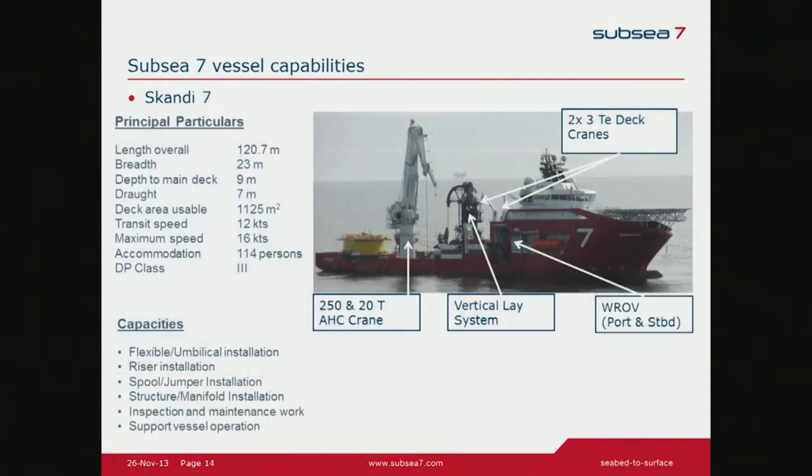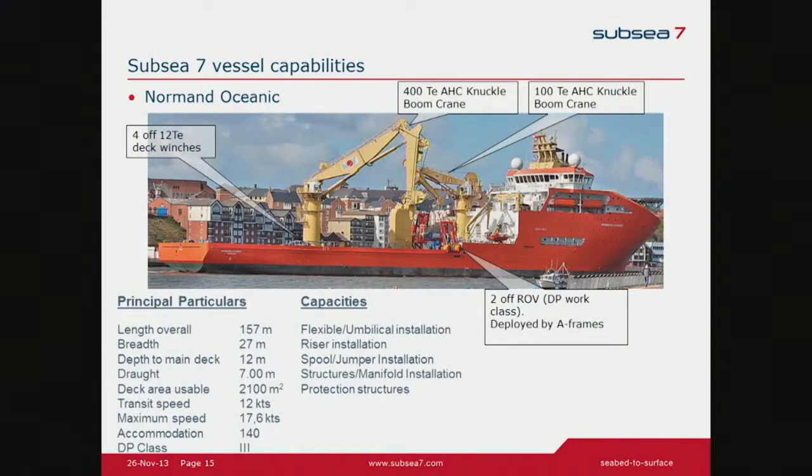Scandi 7, which is a bit smaller, still has a FlexLay tower and a 250-ton crane on deck, and basically the same deck layout as the Scandi SG, roughly, with a bit different specs. We have the Normand Oceanic, which was originally a kind of sister ship to Scandi SG, which is now going on its way to have a very different design soon, but still has the same cranes as the Scandi SG and the moon pool.